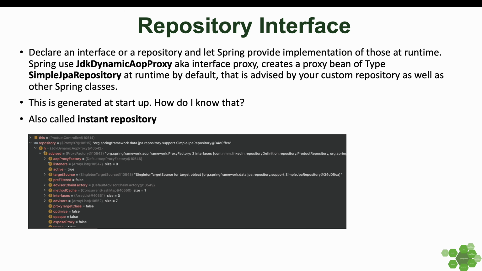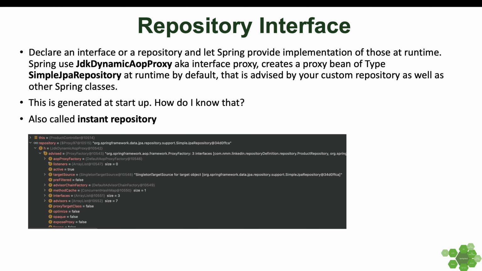So you declare an interface, or you can call it a repository, because obviously that interface will extend one of the Spring repositories, and let Spring provide an implementation for you at runtime.